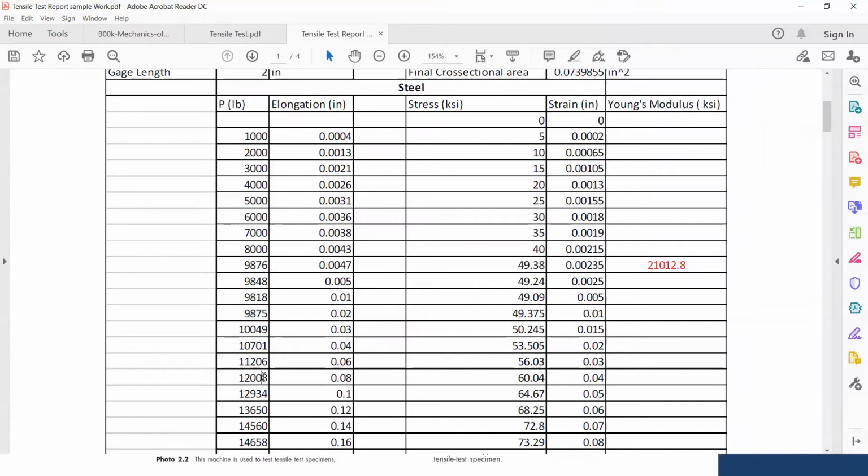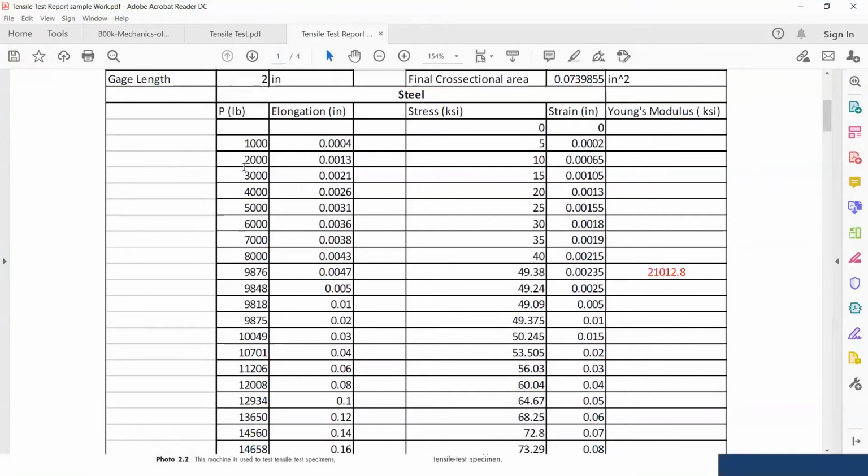But it's up to you. It's up to the instructor. It's up to the testing technician. If you are following the instructions, it doesn't matter which increment you're using, 1,000, 2,000, or 100, 200, it will give you the accurate information as long as you get the correct reading.